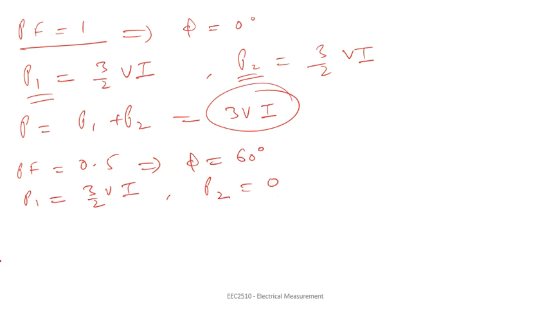The total power is 3 by 2 Vi. So we can see that when the power factor is 0.5, one of the wattmeters will read 0 and the other wattmeter will read the total power. Whatever the total power is, it will be shown by one wattmeter only.